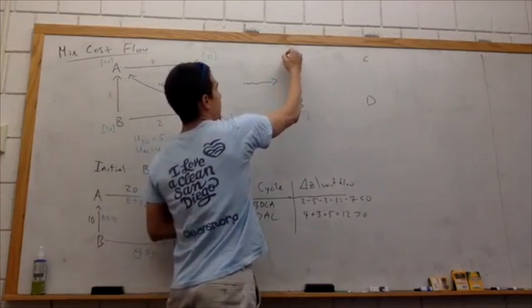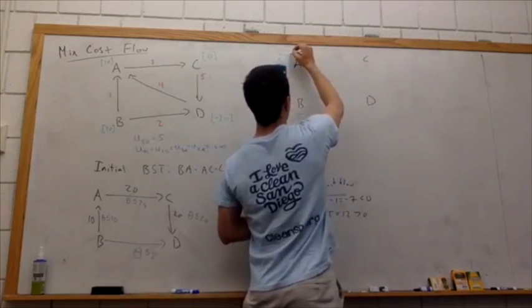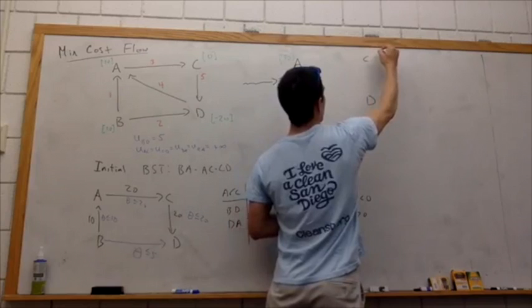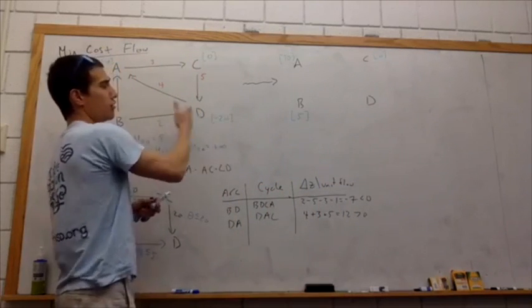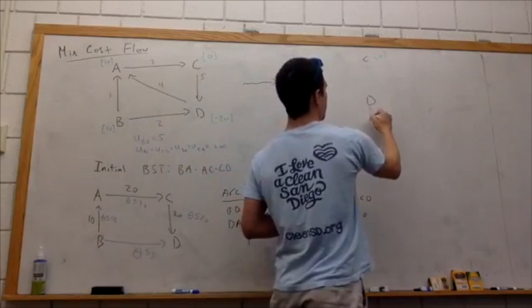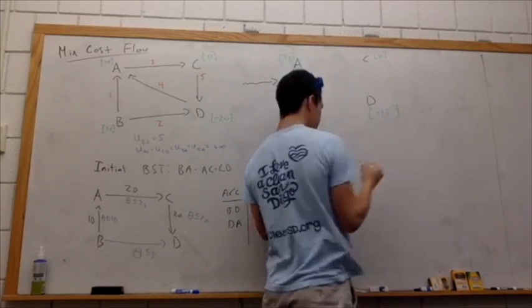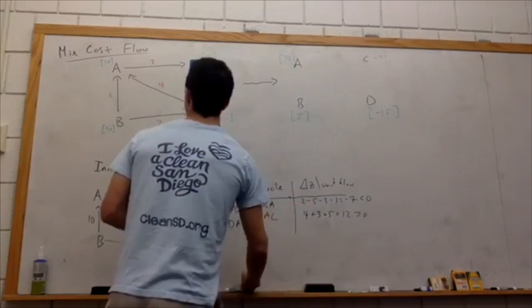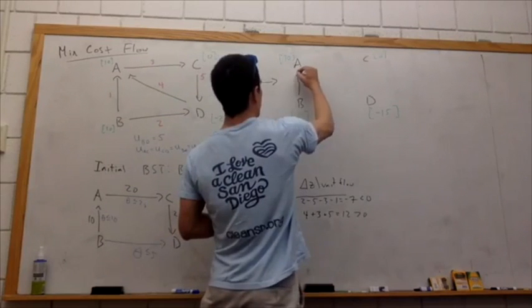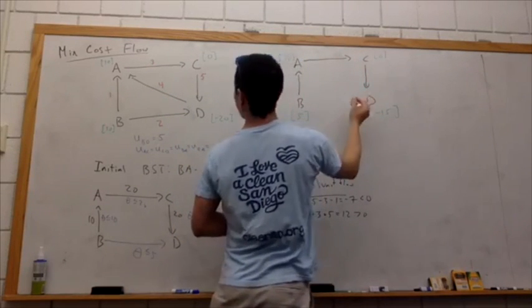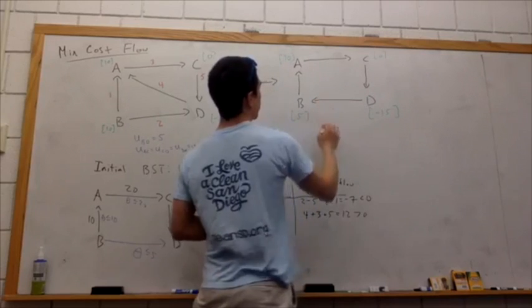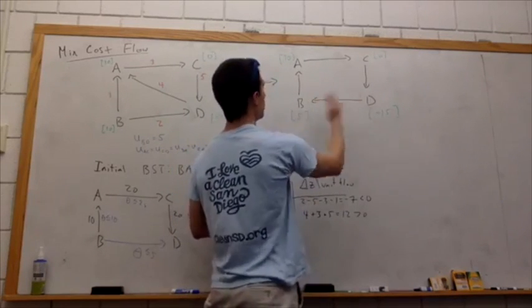Nothing is changing about A, and nothing is changing about C. But D needed to receive 20 units. It's already receiving 5, so now it only needs to receive 15 more units. And now all of the rest of the arcs are going to be the same, except for this one that we are reversing. And now this new arc is going to represent how many units of flow are going back here.